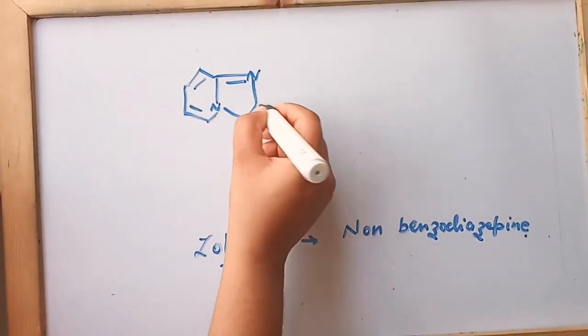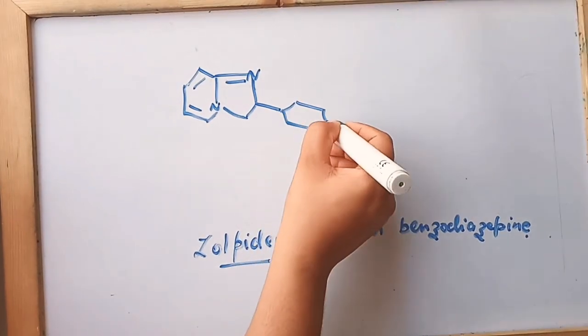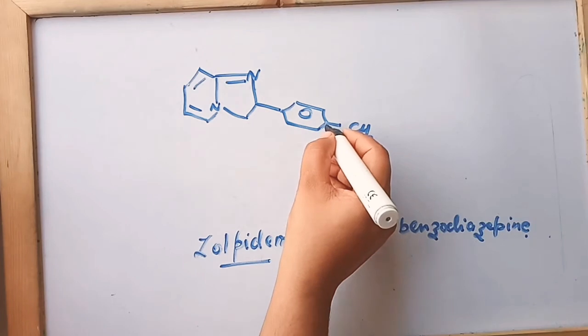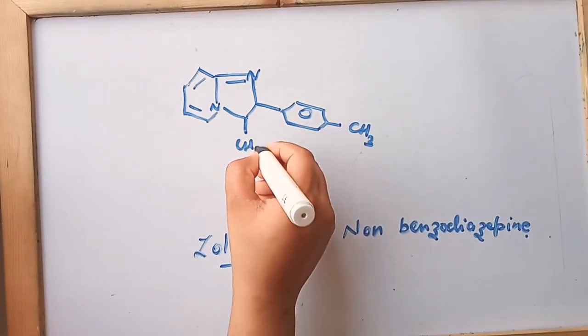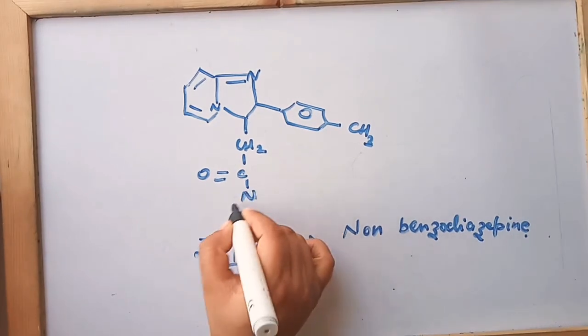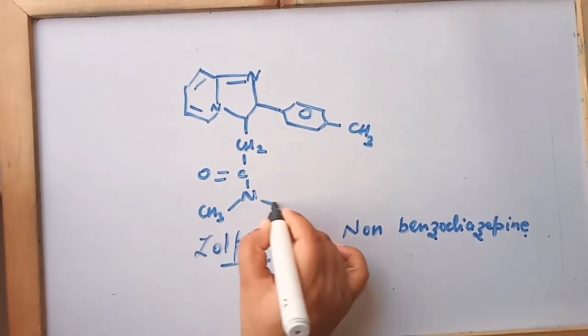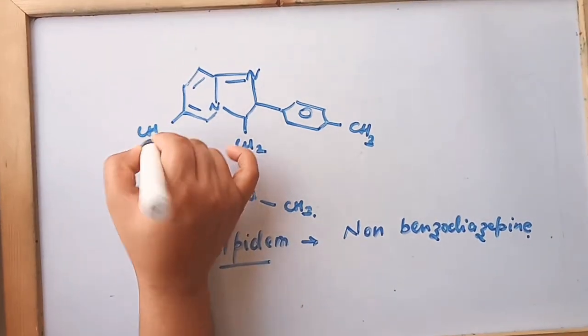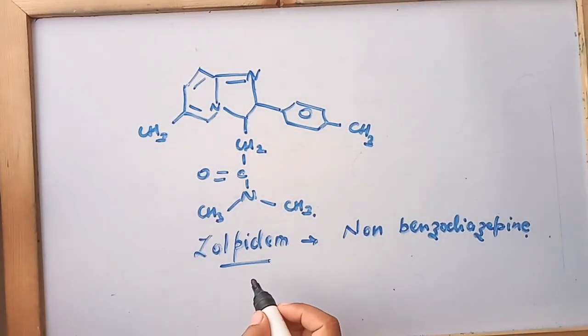Over here we have a phenyl substitution and a methyl group at the 4th position. Here a methyl group, C=O, and CH3 and CH3. Over here a substitution of methyl. This is the structure of zolpidem.